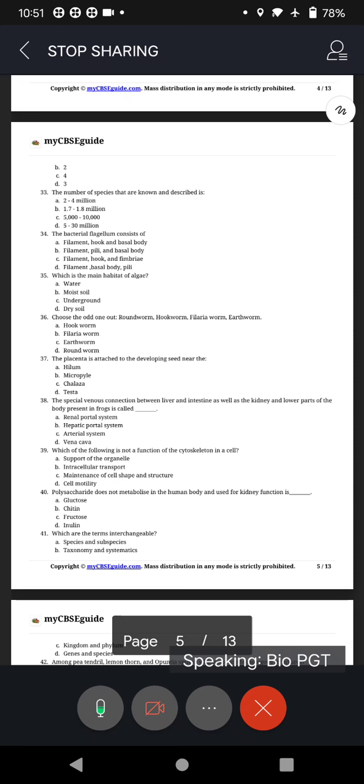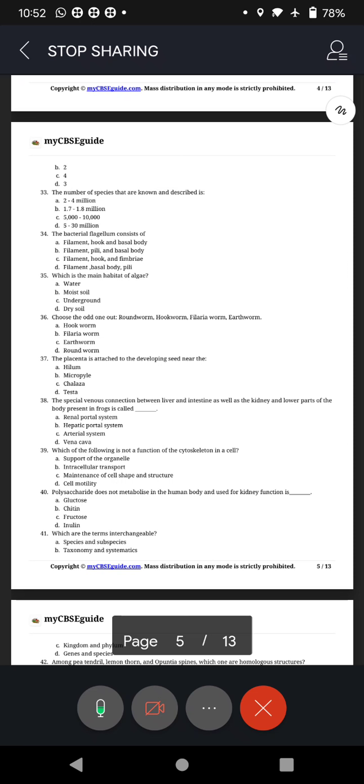Question 35. Which is the main habitat of algae? Habitat, place of living. A. Water, B. Moist soil, C. Underground, D. Dry cell. Move on to 36.